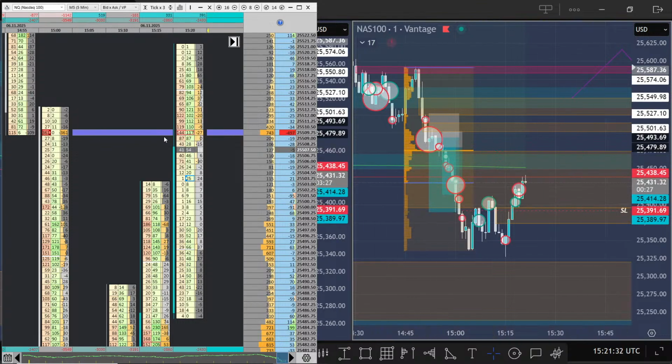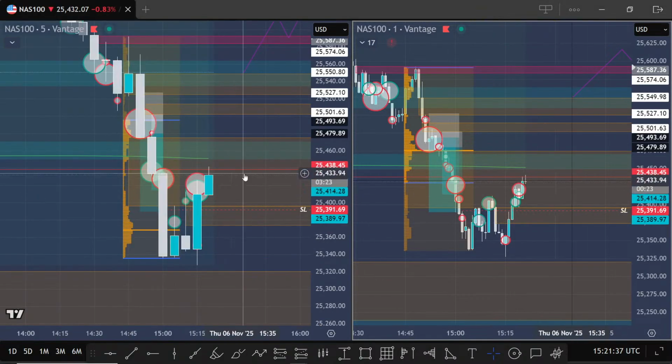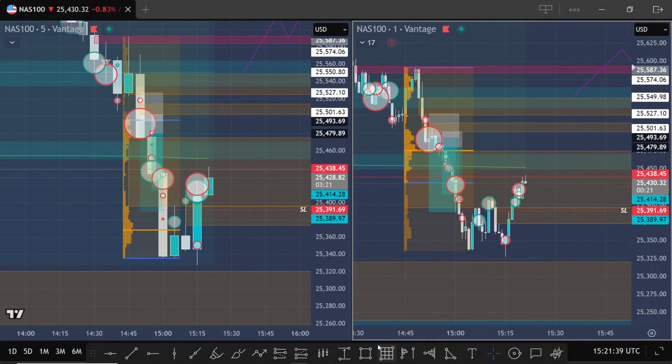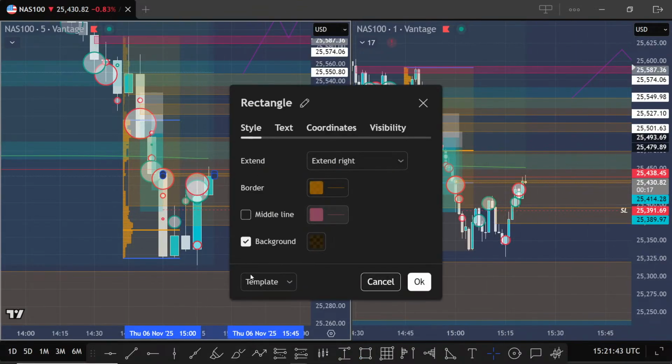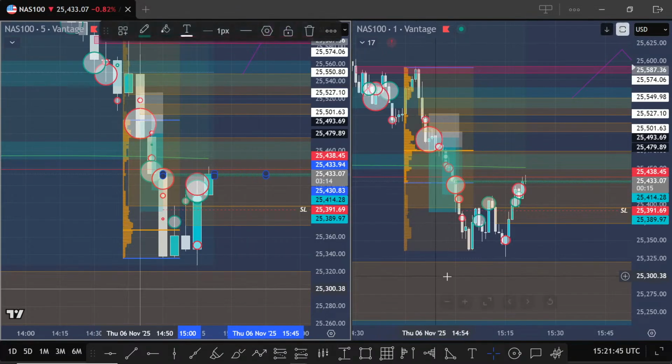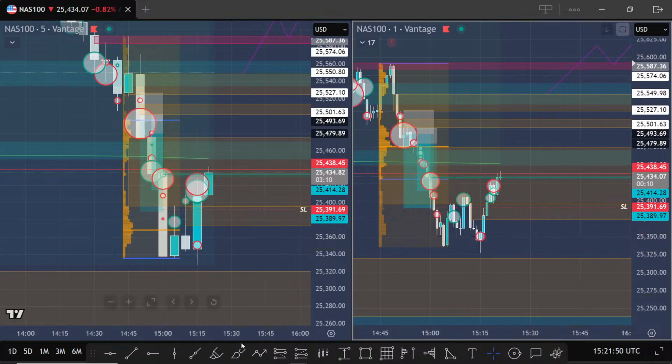So yeah, this is what I was kind of looking for. We had the zero print in here, so we needed to fill that.